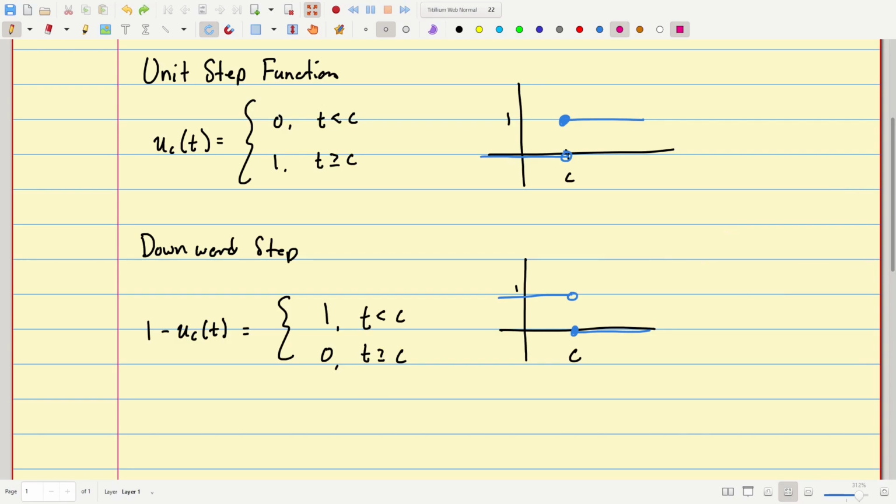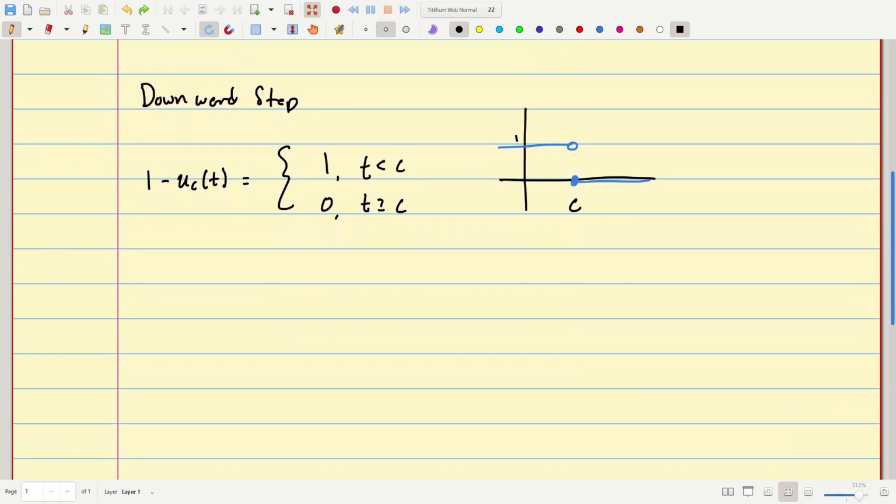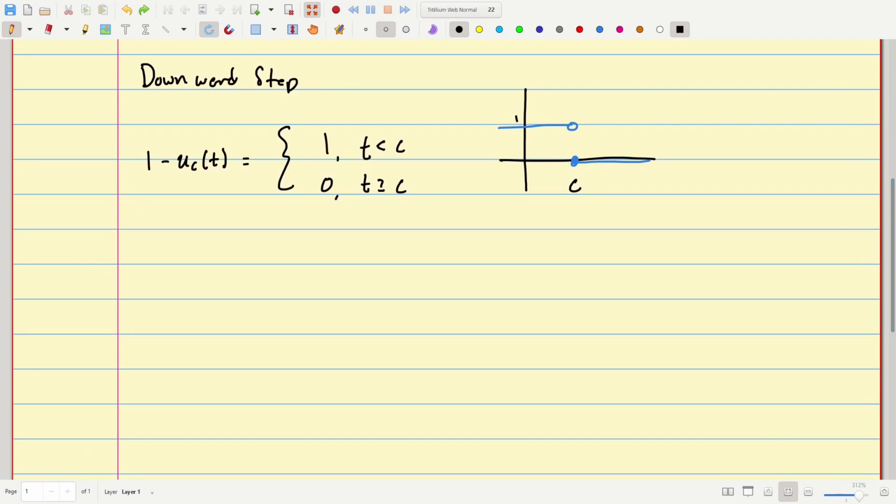Now, before we get into that, there's one other thing that I want to note. And for those of you who interact with computer algebra systems or other things, instead of calling this the unit step function, this is sometimes also referred to as the Heaviside function.